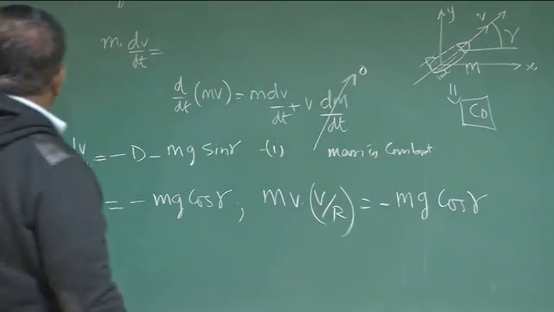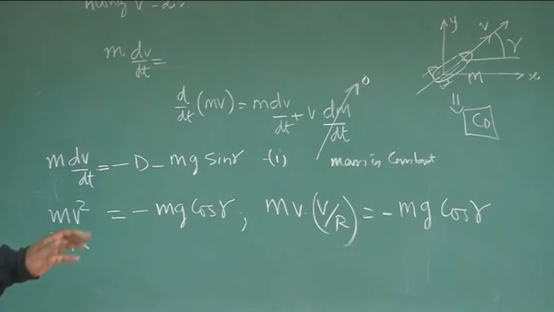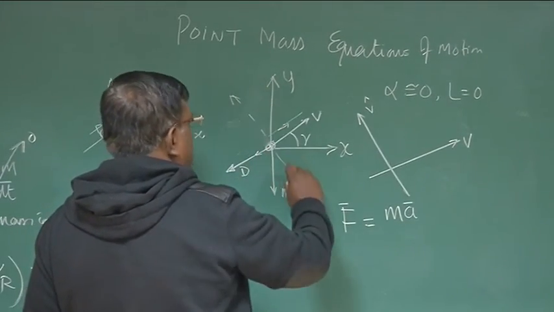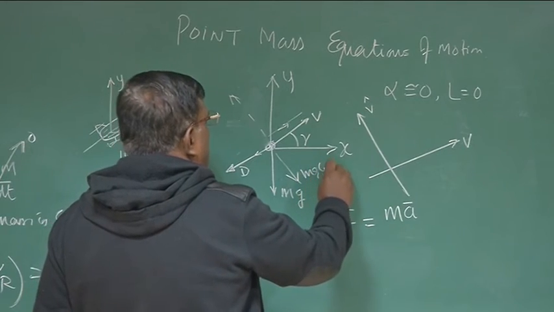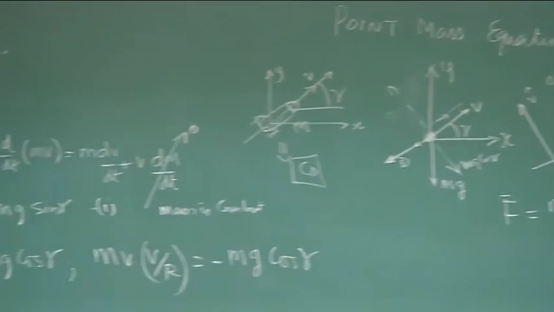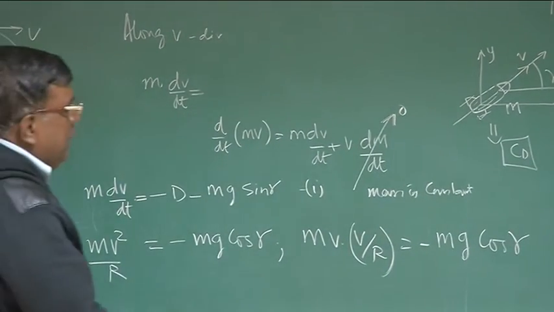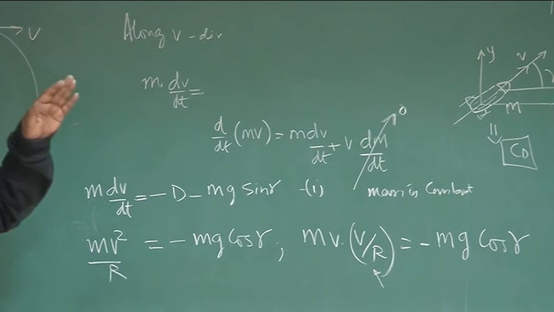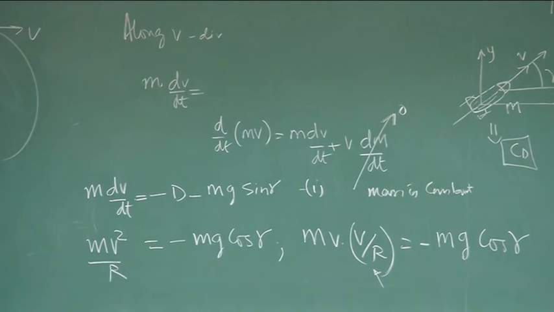What is r here? In m v square by r, r is the radius, right? Because this force, whatever is there, mg cos gamma, will try to turn the trajectory. So there will be a radius of turn. So now, what is v by r? v by r is the rate at which this velocity is turning, right?